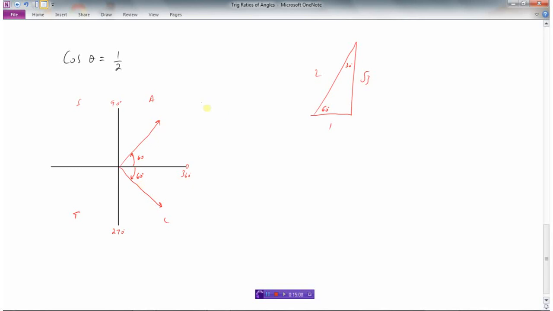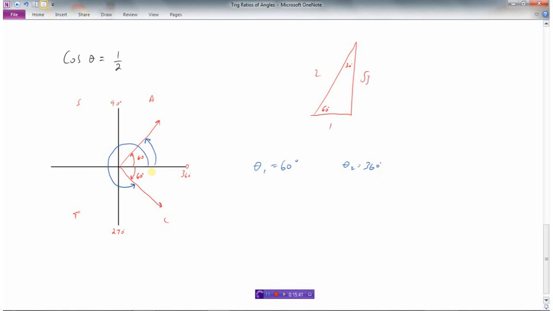And now we need to simply figure out what our angles would be. So we're measuring from the initial arm, so the first answer will be this one, which of course is the exact same thing as our reference angle. So one solution will be 60 degrees. The other answer would be all the way around here till we get to the next terminal arm. And so we have to figure out what that big arc is. Well, we don't know what that big arc is, but we know that if we go all the way around to here, that's 360 degrees.